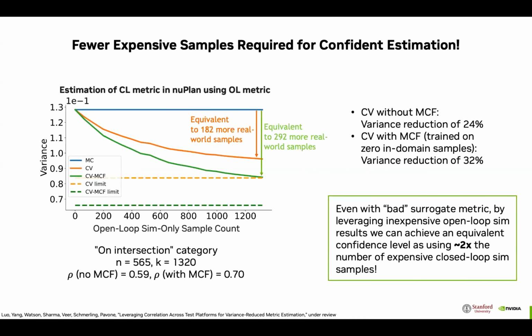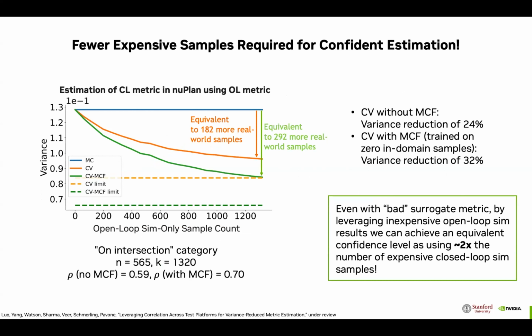So to make a long story short, let's assume that you want to estimate a new plan's closed-loop metric that is expensive to run, with just an open-loop metric like, for example, average displacement error, which is a relatively poor metric. Well, we show that with our techniques, represented by the green line, we can achieve a variance reduction of about 32% by using 1,000 simulation rollouts.